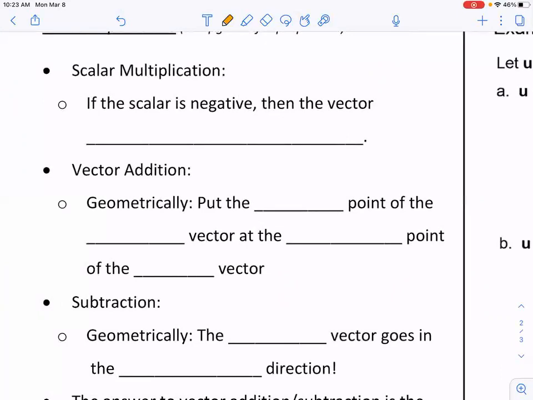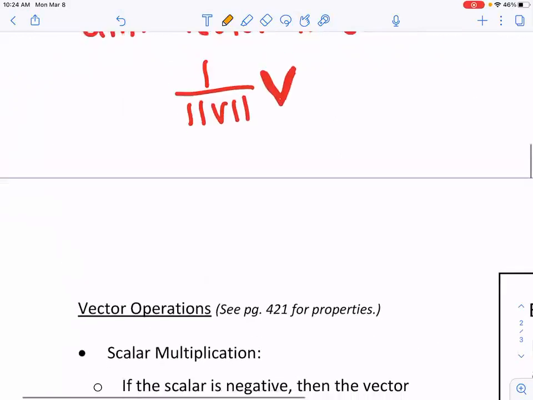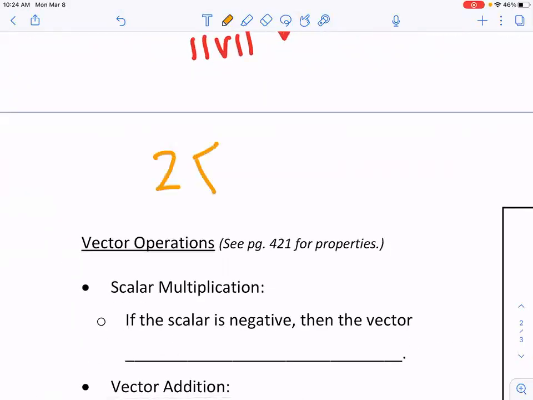What is a scalar? A scalar is just a number. So if I said 2 times the vector 3, 4, 3, 4 is our vector, but 2 is the scalar, and this is 6, 8.